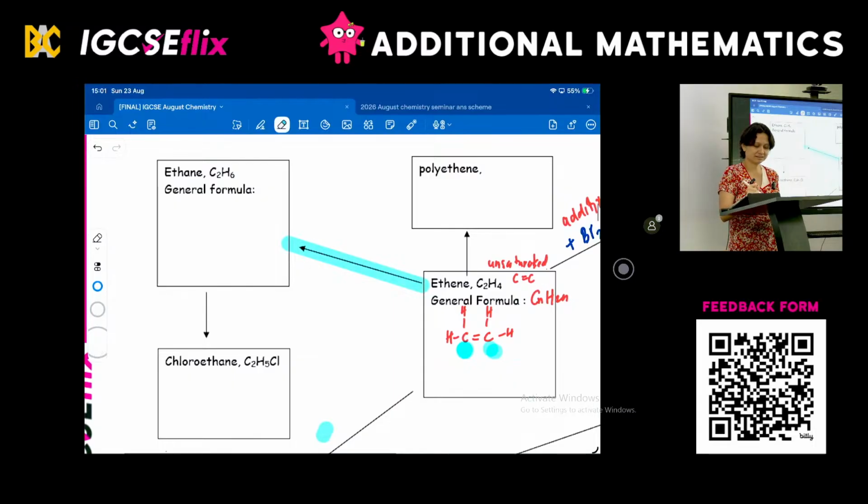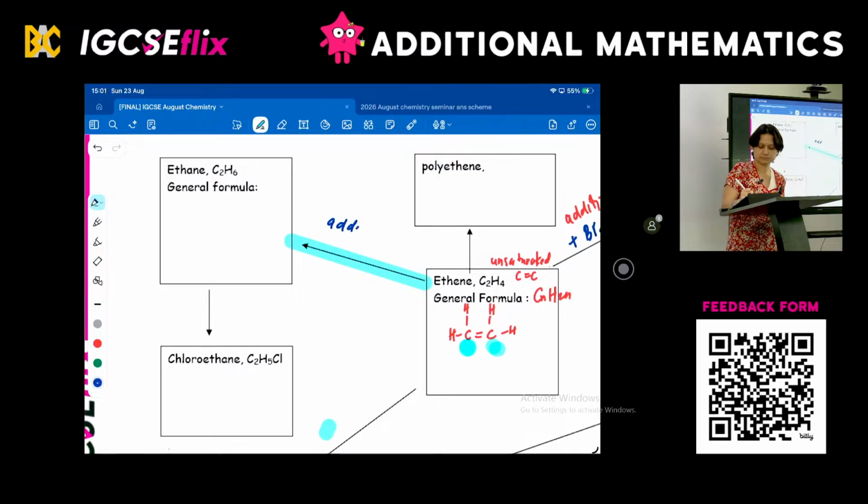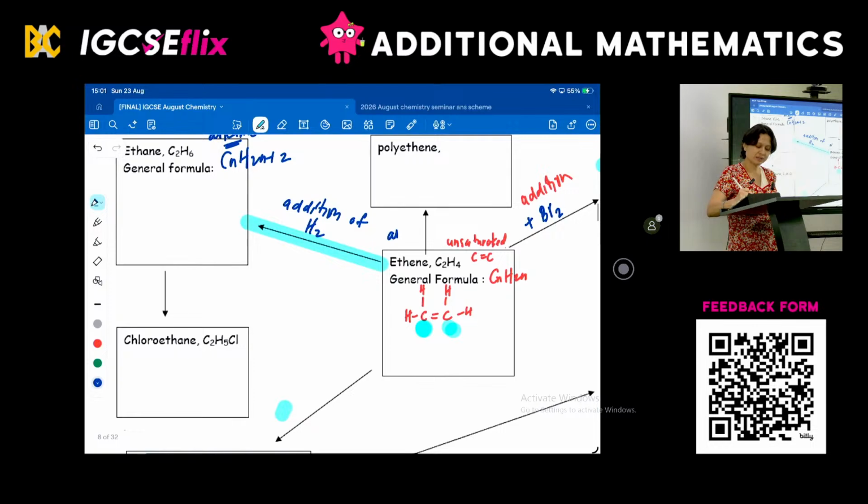So addition of hydrogen. The general formula is CnH2n plus 2. This is alkane. So remember, this one is alkane, this one is alkene.